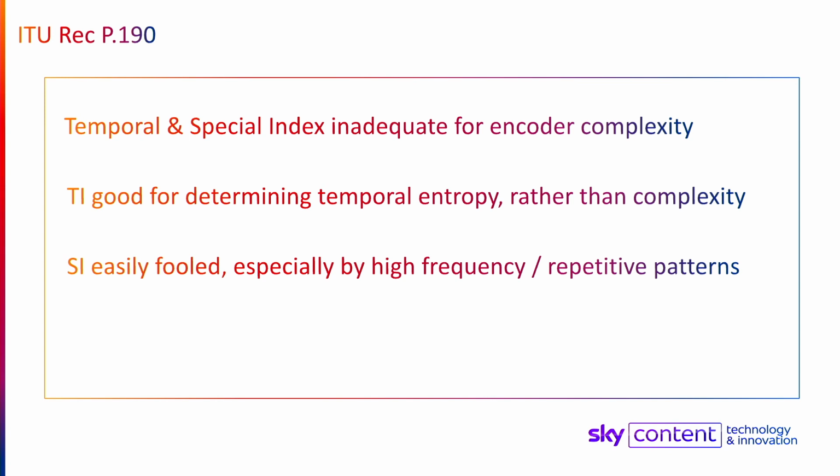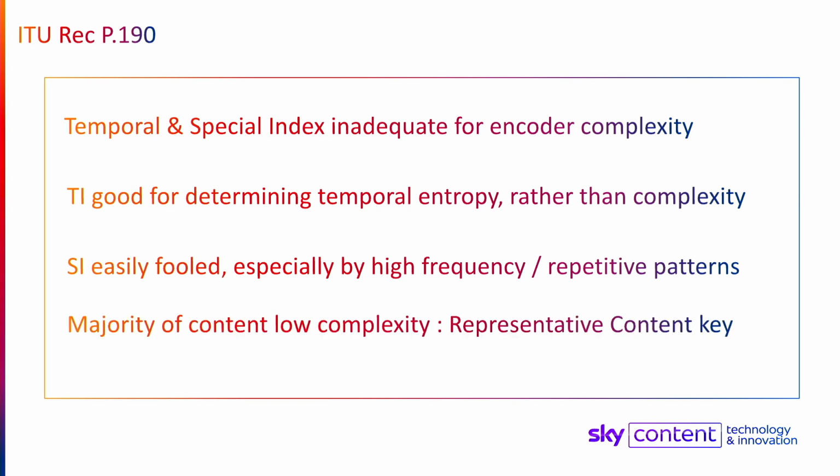And the spatial index can be fooled particularly by high frequency or repetitive patterns. To give you an idea, if you were looking at a railing or a grating or wall or something that's quite easily encoded, that can be confused with quite high complexity content. So both SI and TI are not particularly good measures for complexity.